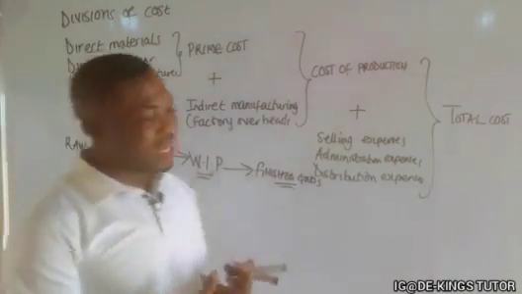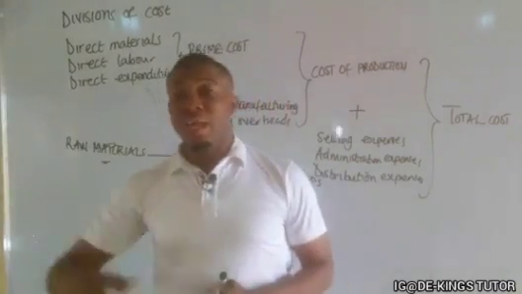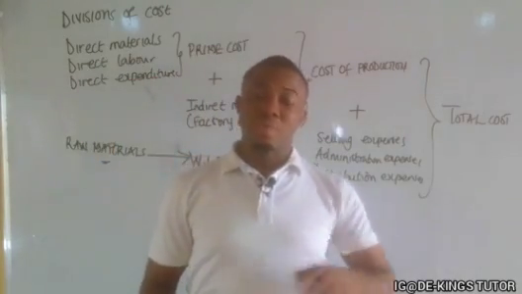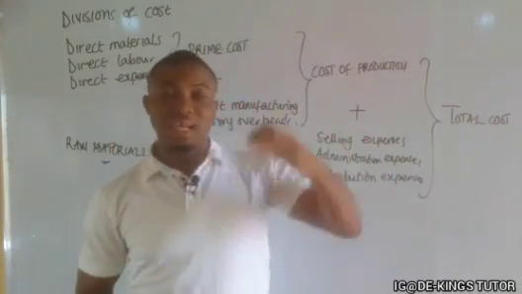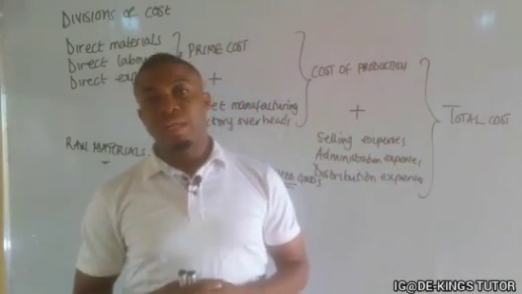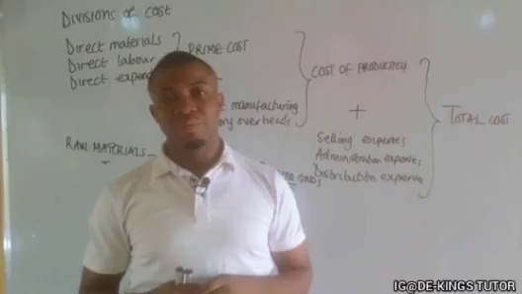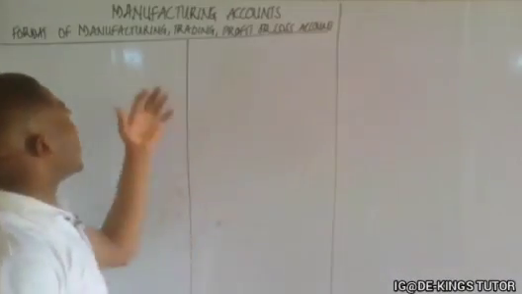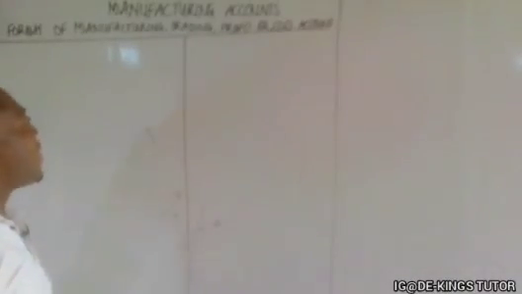Now let's see the layout of the manufacturing account. How does a manufacturing account look like? So basically the format of the manufacturing account starts from the manufacturing section down to the trading profit or loss account. Now let's look at that. Okay? Now let's prepare the format of the manufacturing trading profit or loss account. Okay?